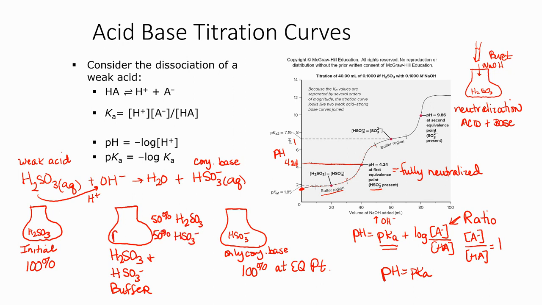When that happens, the pH equals the pKa. So what I'm trying to get you to think of is that these titration curves track the process of going from initially just weak acid, then you get to the point where you have a mixture in the buffer, and then you have a point where you just have base.